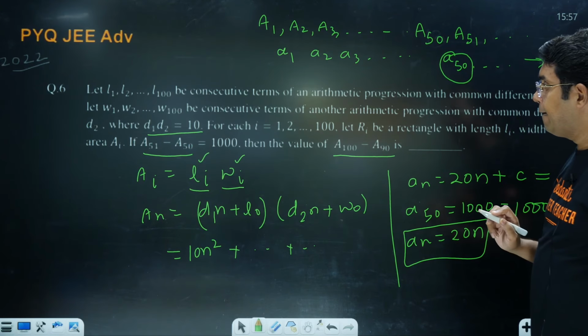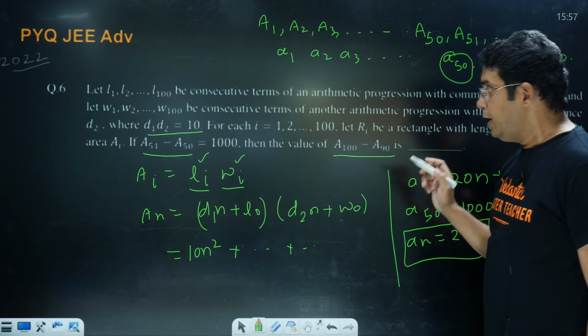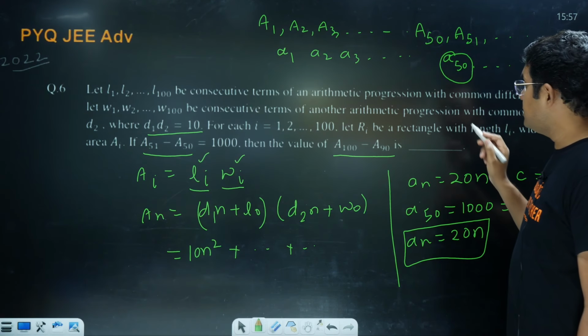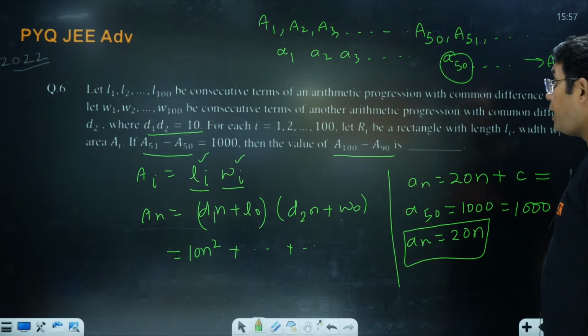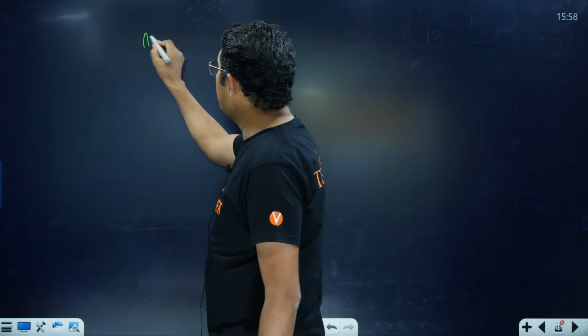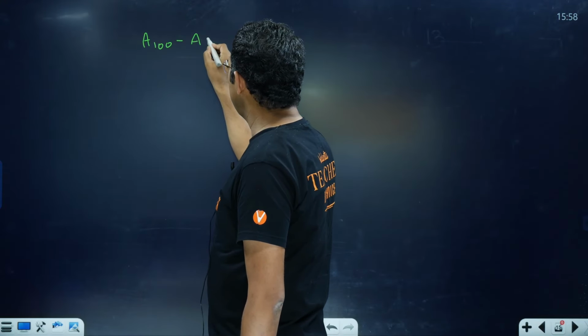Okay. Now they are asking this thing. Now can I say that A100 minus A90 is what we are looking for.